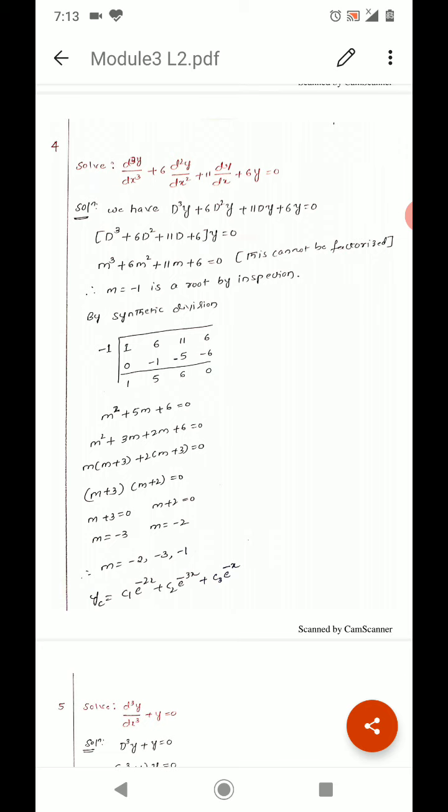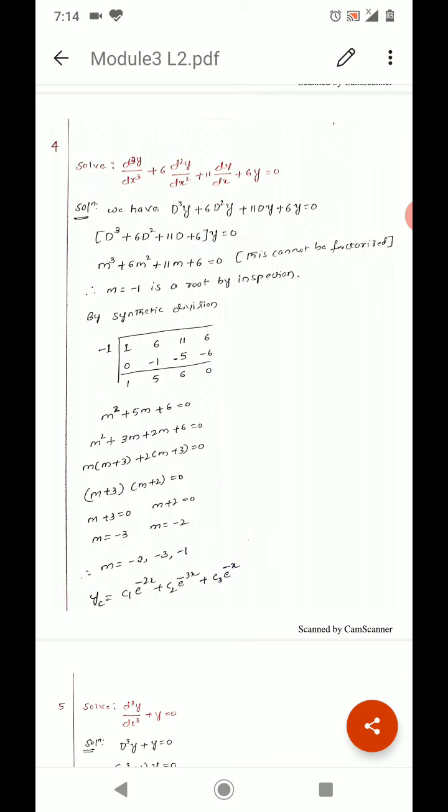Neglecting 0, we take 6 as the constant, 5 as the coefficient of m and 1 as the coefficient of m², that will become m² + 5m + 6 = 0. By factoring and solving this, we found m = -3 and m = -2.